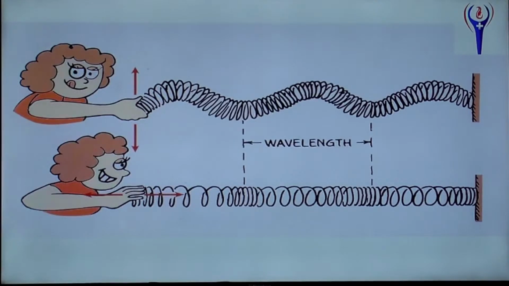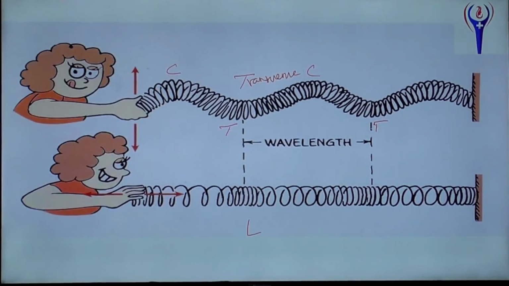This is compression, and this is crest and trough. This is transverse. Distance between two troughs is the wavelength.